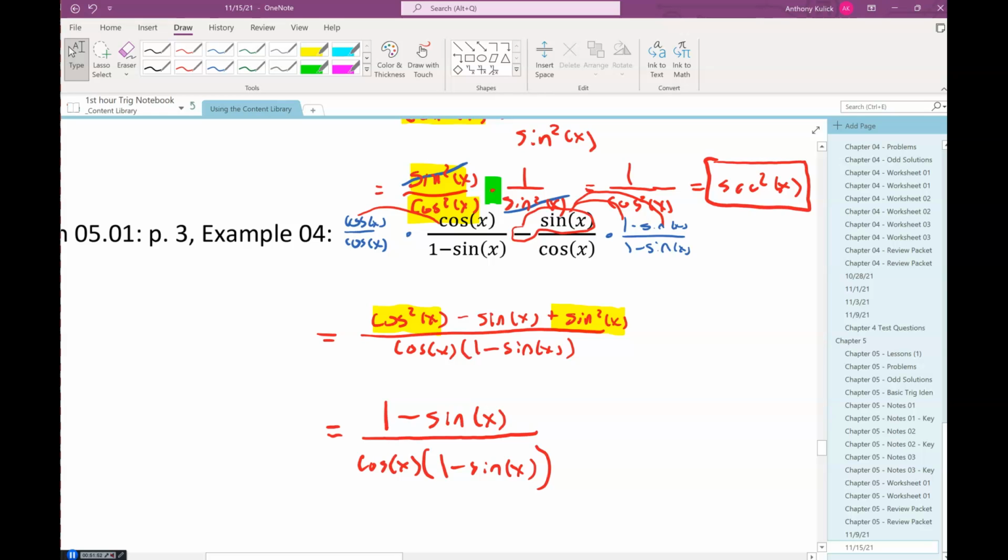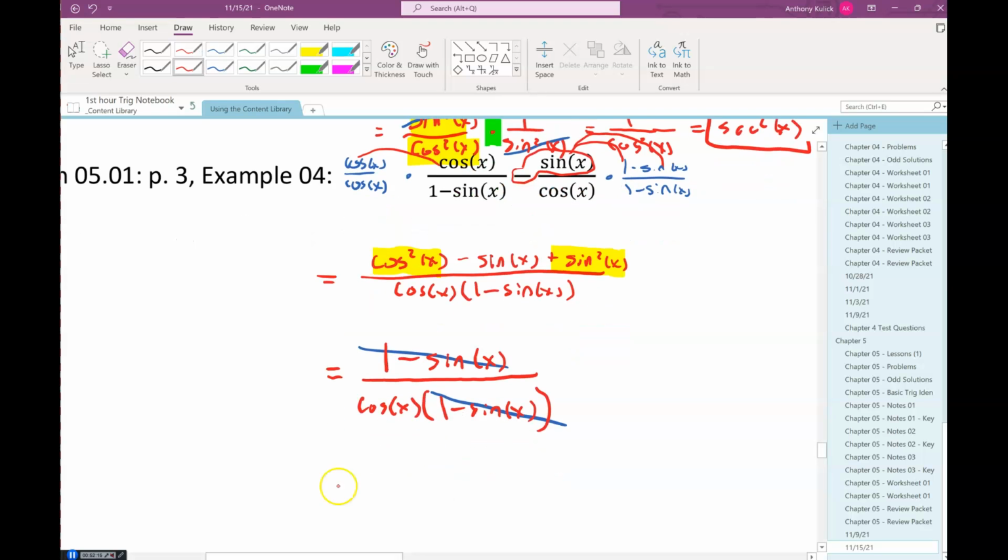Yeah. So I can cancel out the 1 minus sine x's from the numerator and denominator. Is everybody okay with why I can do that now? Because it's the entire addition or subtraction problem. It's okay to do that reducing. Cool?